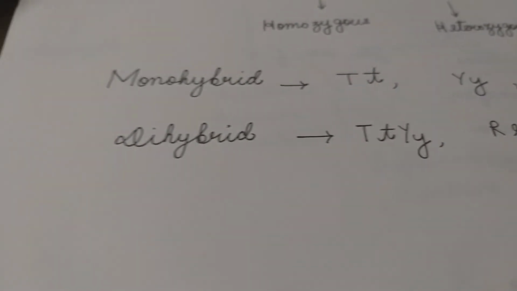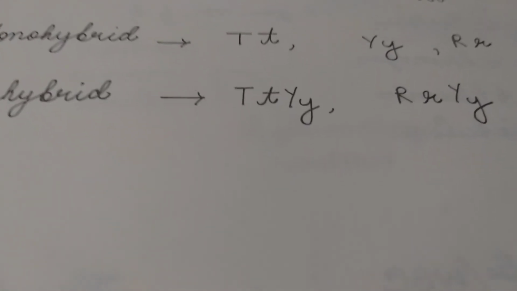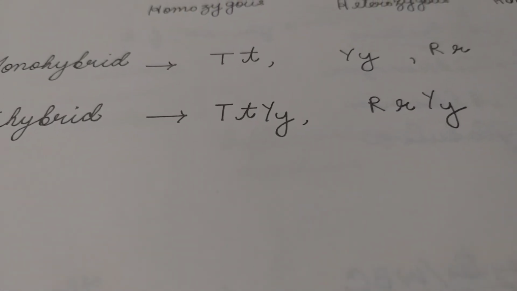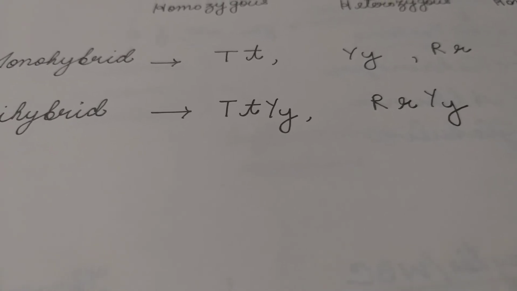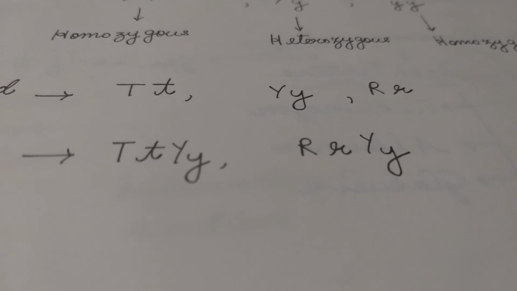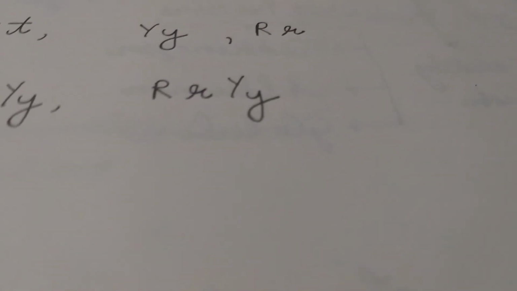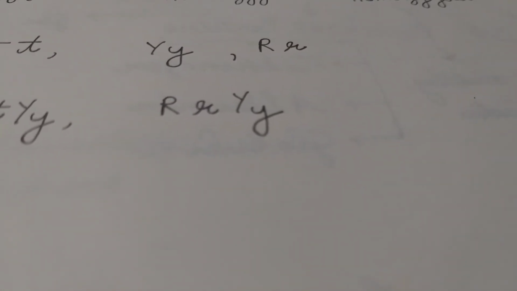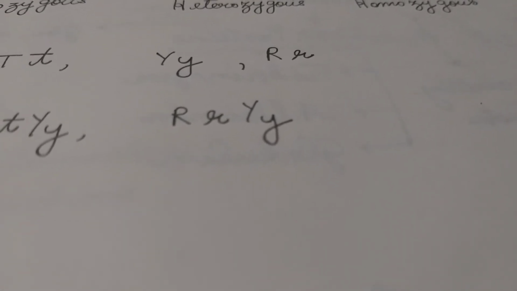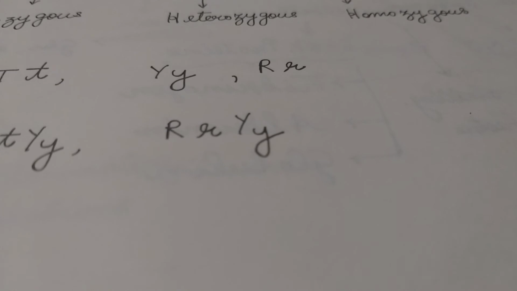This is a dihybrid individual. Dihybrid means an individual which is hybrid but shows two different traits: the height of the stem and color of the seed. Capital R, small r, capital Y, small y. This is a dihybrid. It shows two traits: shape of the seed and the color of the seed.